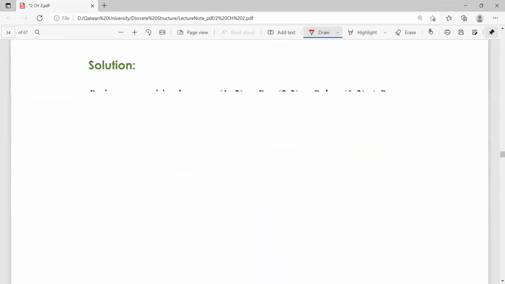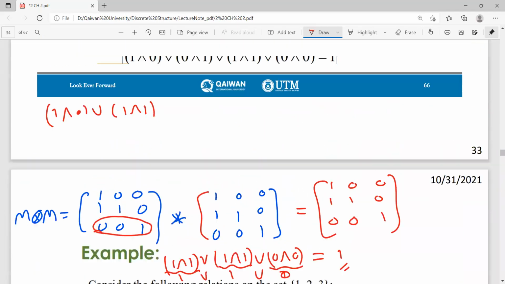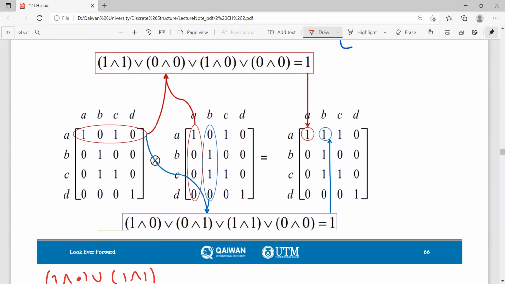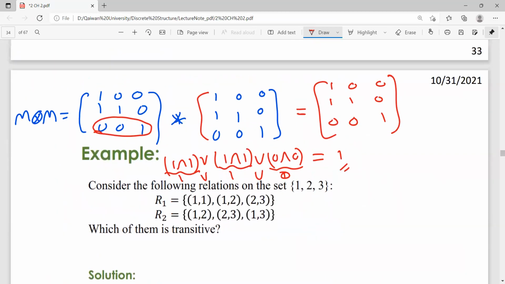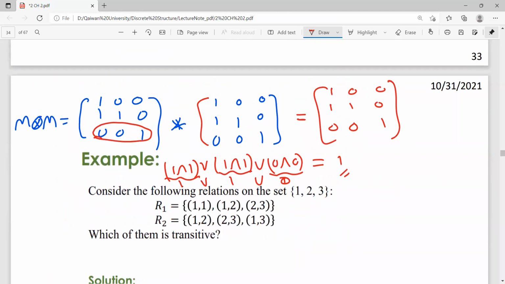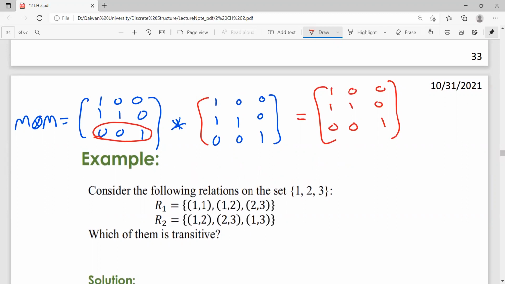We say if the Boolean product of the matrix form multiplied by itself gives the same matrix, we say the relation is transitive. For transitive, we do this one.